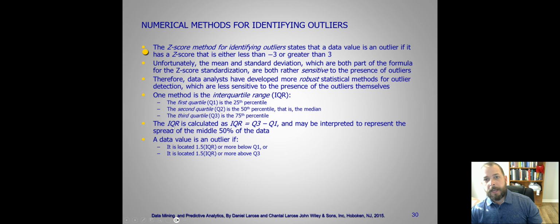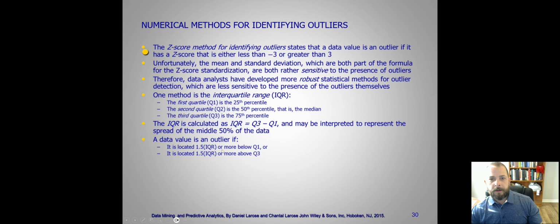And so we can actually calculate the interquartile range by subtracting quartile 1 from quartile 3, giving us the spread of the middle 50% of the data, all right? And then we take that number and multiply it by 1.5, all right?